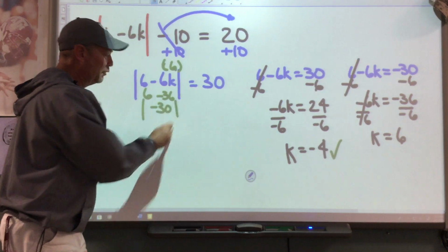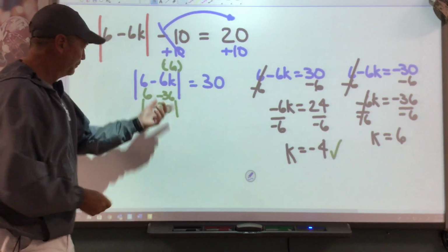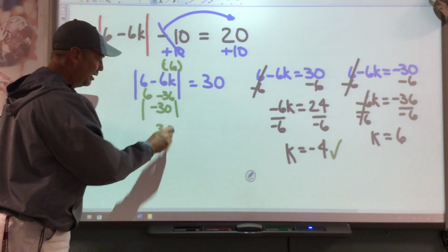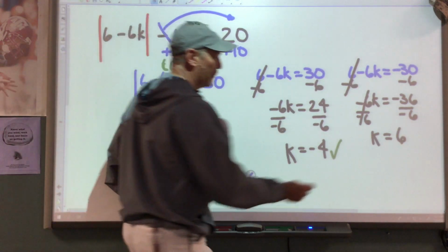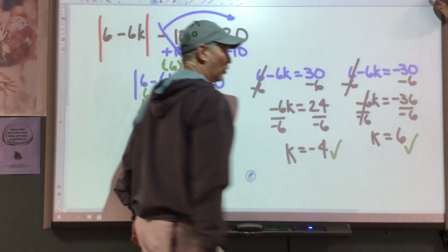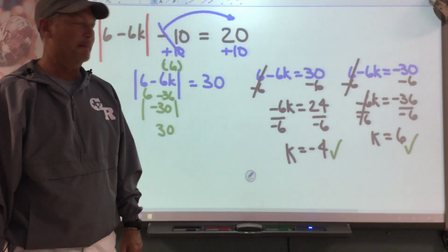What is the absolute value of negative 30? It is 30. 30 equals 30. That's a good answer. Okay?